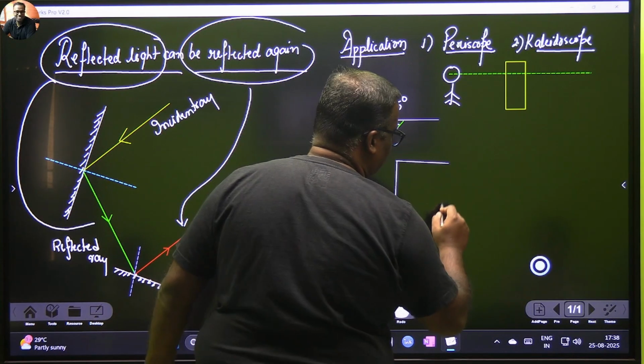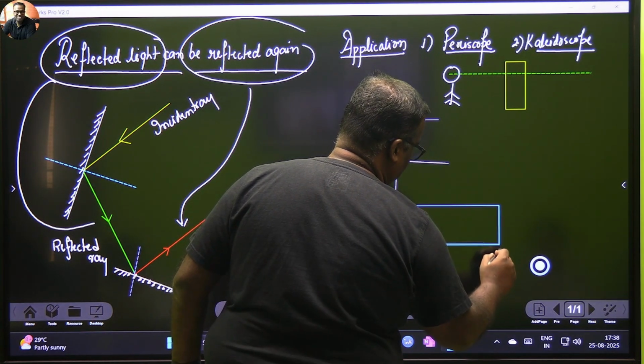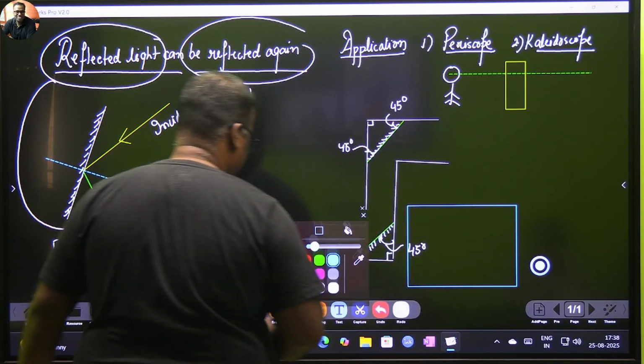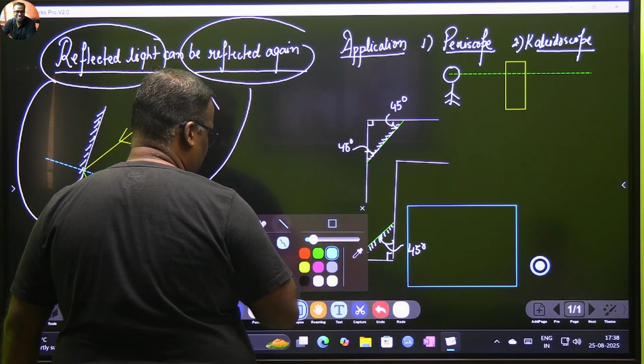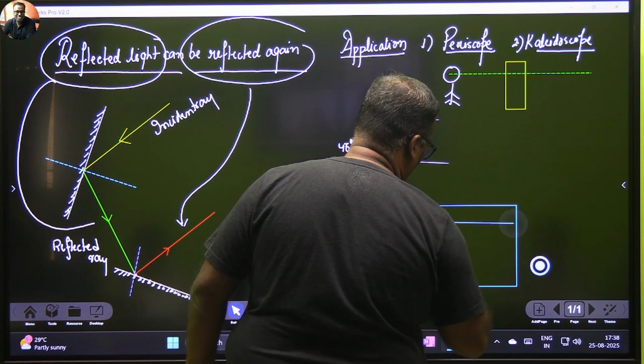So let's say that this is a wall. We make it something like a wall.